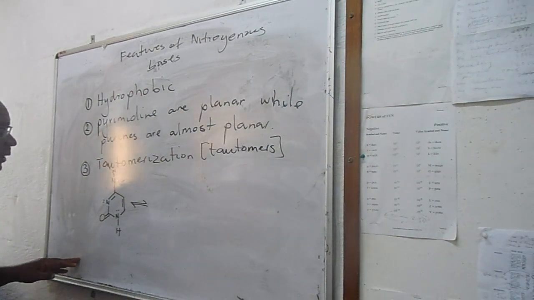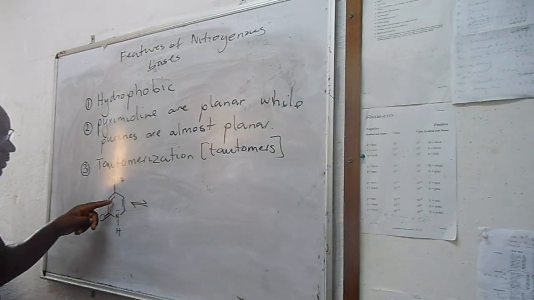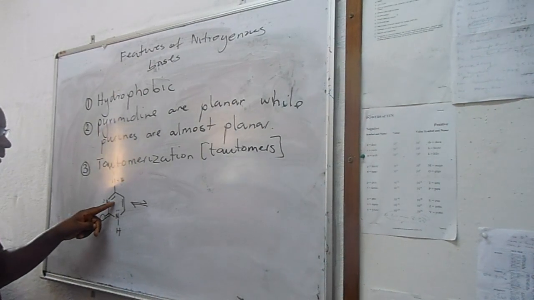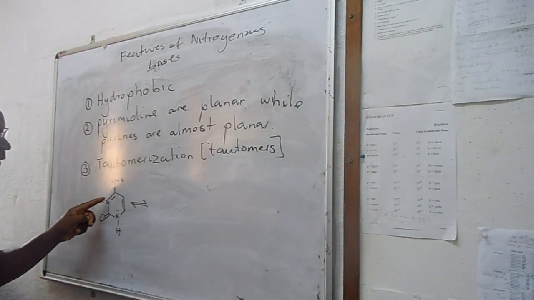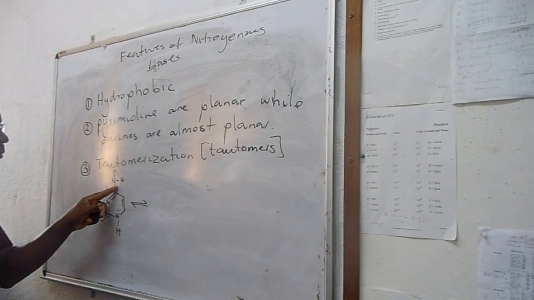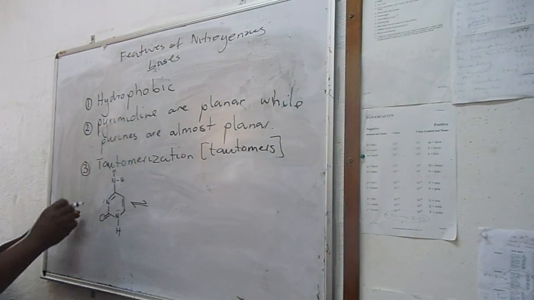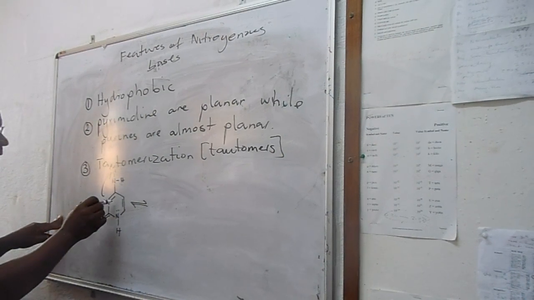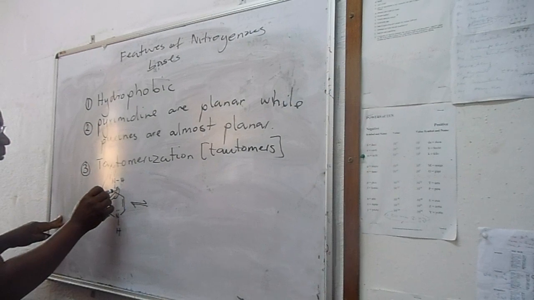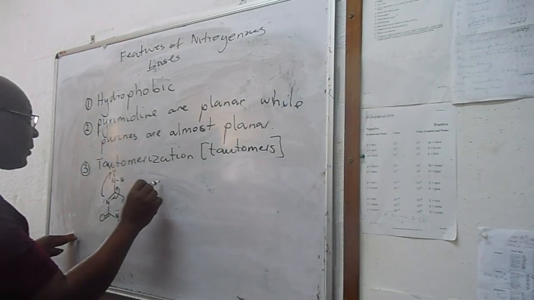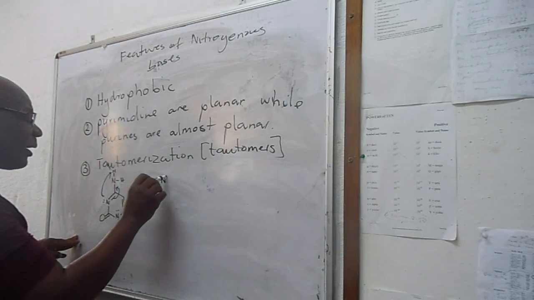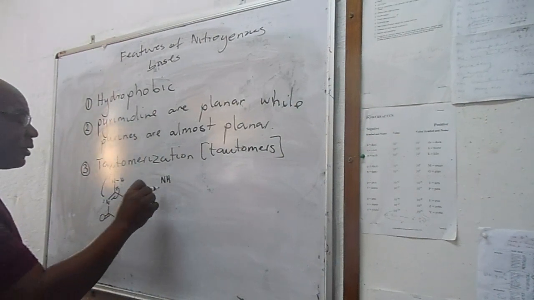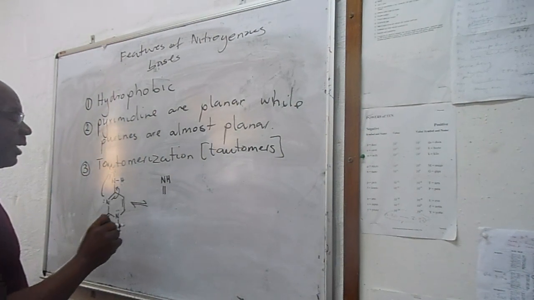If that happens, it means that this double bond cannot be there. If this abstracts a proton, then this double bond has to move to that position. So in the process, you do not have two hydrogens, you only have one hydrogen, and a double bond is created there.